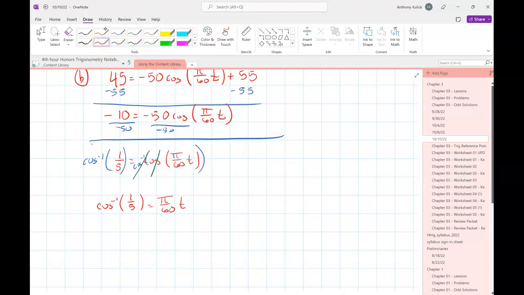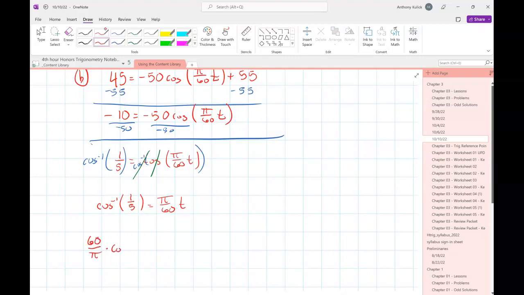And then my last step would be to divide by pi over 60, or multiply by its reciprocal, 60 over pi. That's how I'm going to write it, but you're not incorrect.